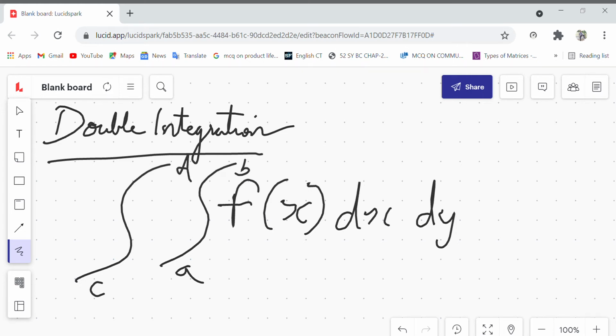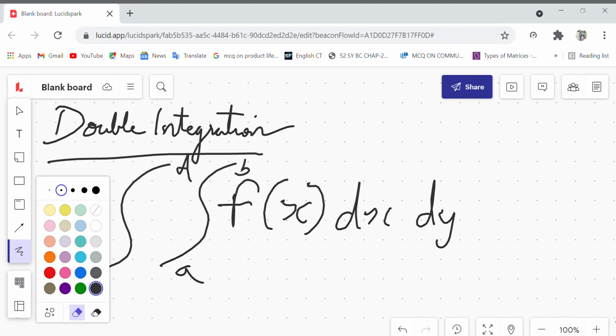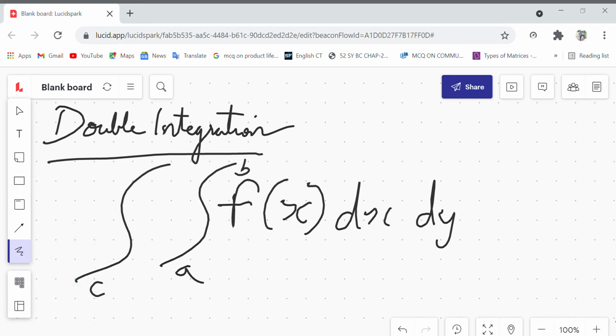Like this you will find, let me clear this one, write this correctly. This is d. So this is the general format of double integration, but there is more to it. This might remain here or might remain here.